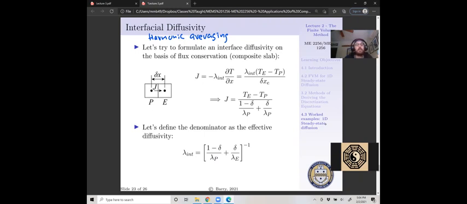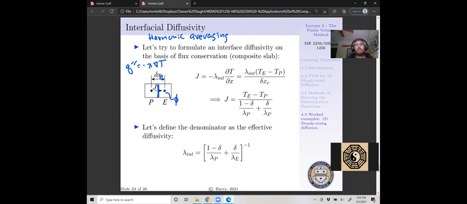J would be equal, in one dimension, because recall Q double prime is equal to minus lambda grad T. So in 1D, we can say J is equal to minus lambda at our interface, because this is where our coefficients are being evaluated, dT/dx. Now, dT/dx, if we do a backward difference scheme, this would be T in our right cell, so our conserved quantity in the cell center, which is T of E, minus T of P per our distance, and that's delta x E.